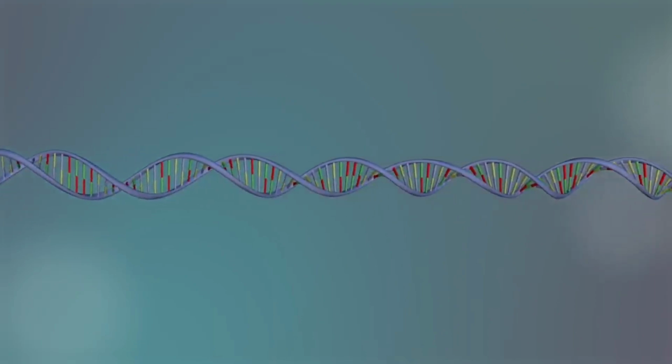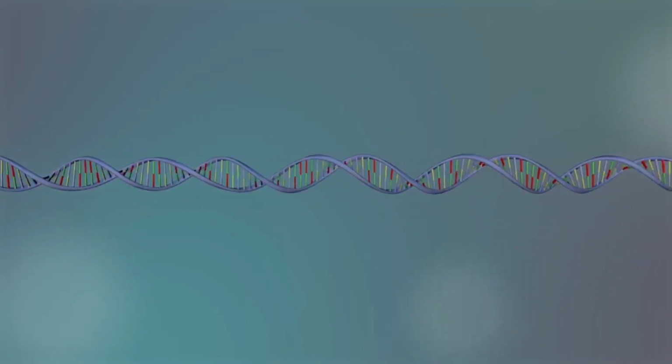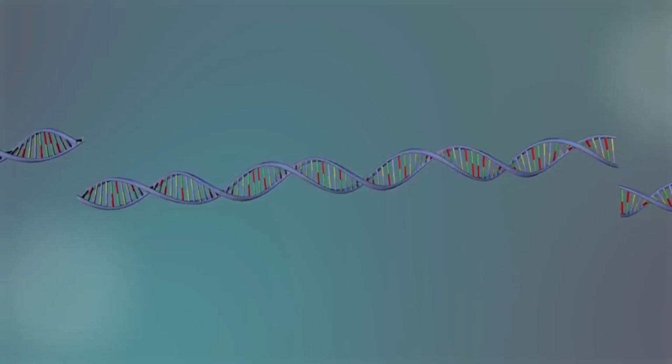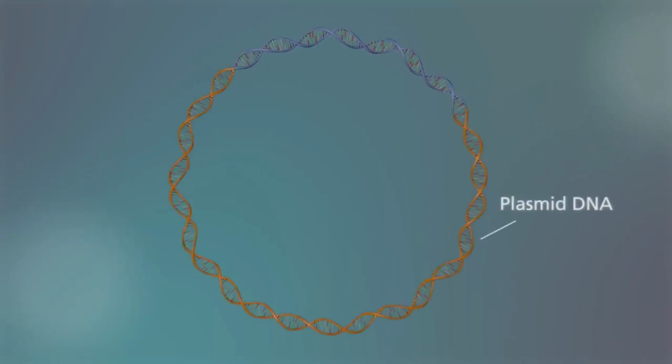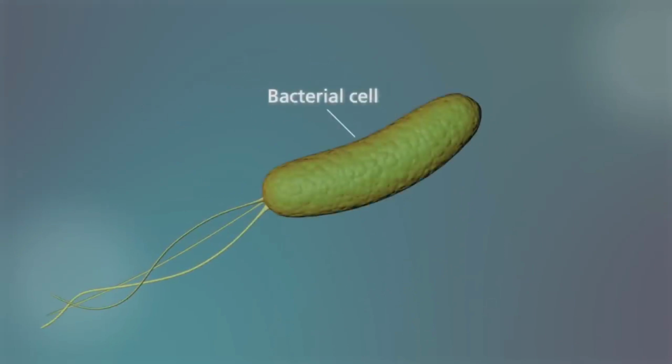DNA sequencing is the process of working out the order of the building blocks, or bases, in a strand of DNA. Before we can sequence the DNA, it has to be cut up into smaller pieces that are inserted into plasmid DNA and then put into bacterial cells.